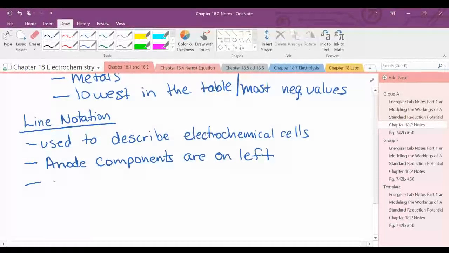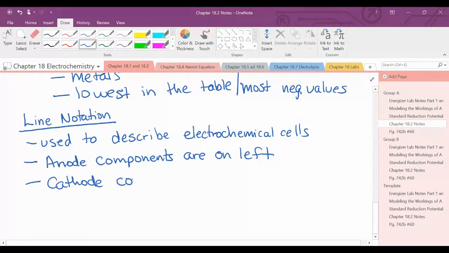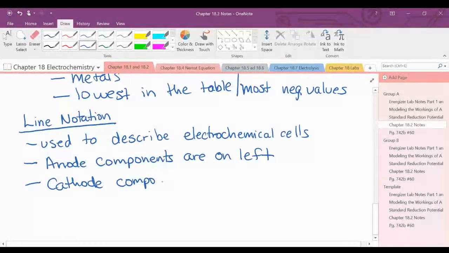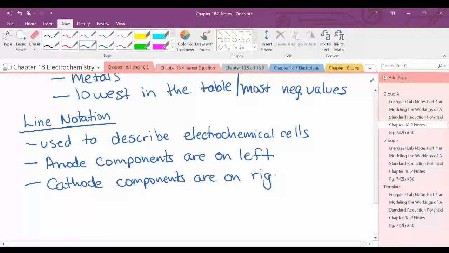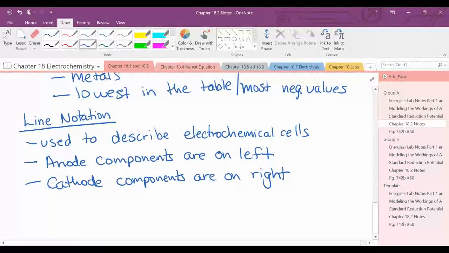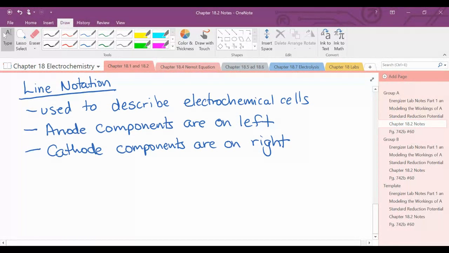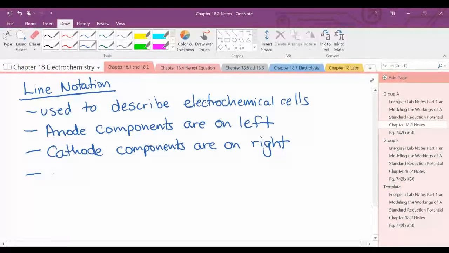The cathode components are on the right. And they're separated by double vertical lines.